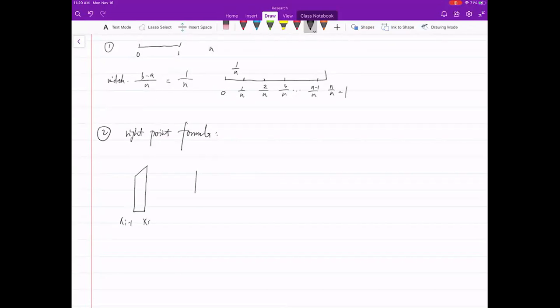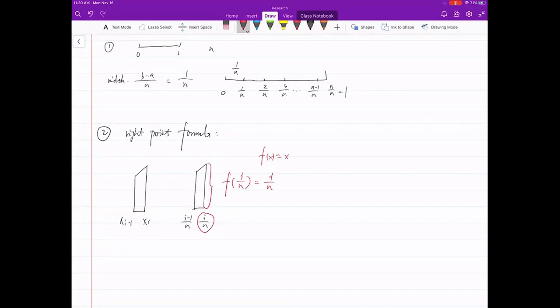Moreover, you can write it out: it's (i minus 1) over n and i over n for the ith interval. And you want to take the right end formula. So this is going to be f of the right end. Still okay? But f(x) equals x, so this is just i over n for f(x) equals x for this particular one.